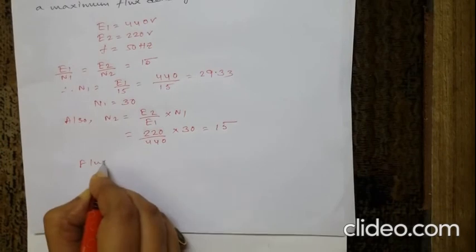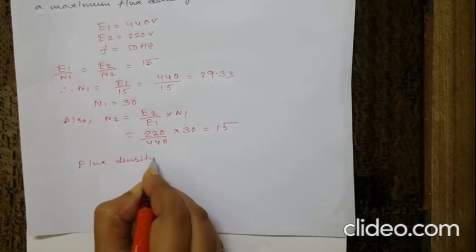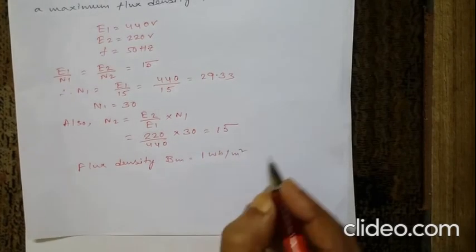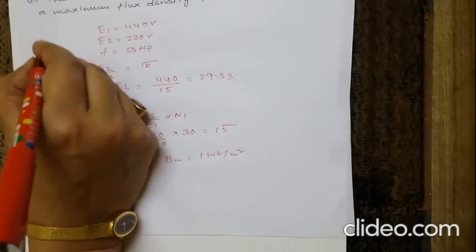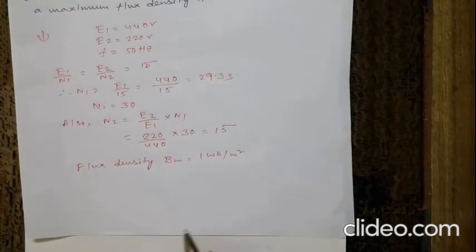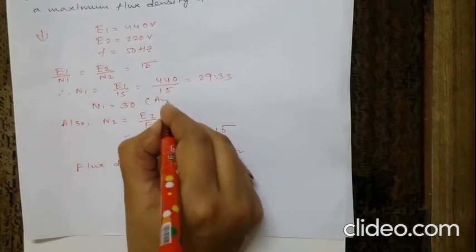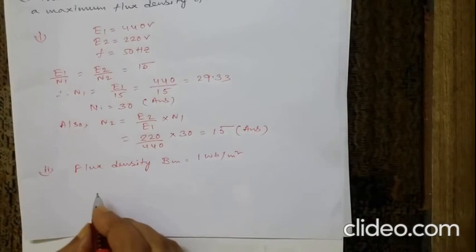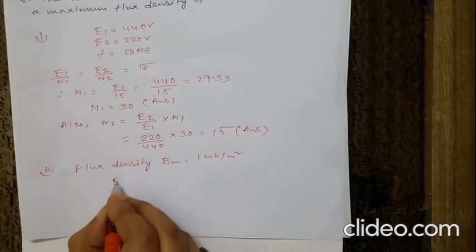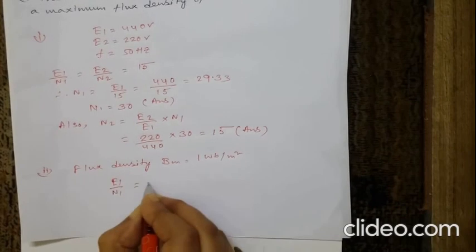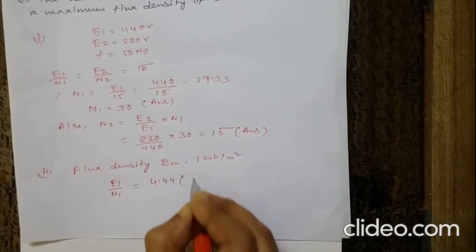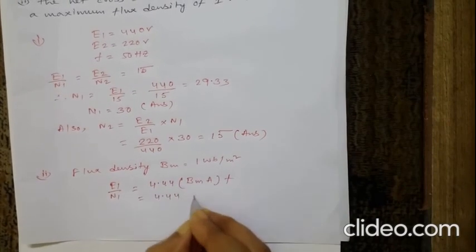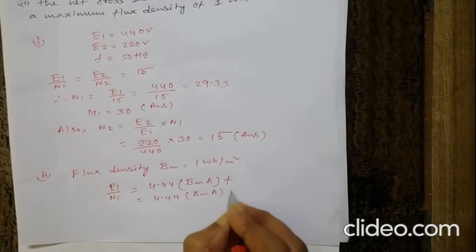Now the flux density Bm equal to 1 Weber per meter square. This is given. Number 1 is the answer. For number 2, if A be the cross-sectional area, then from the EMF equation, E1 by N1 equal to 4.44 flux f, that is equal to 4.44 Bm A into 50.